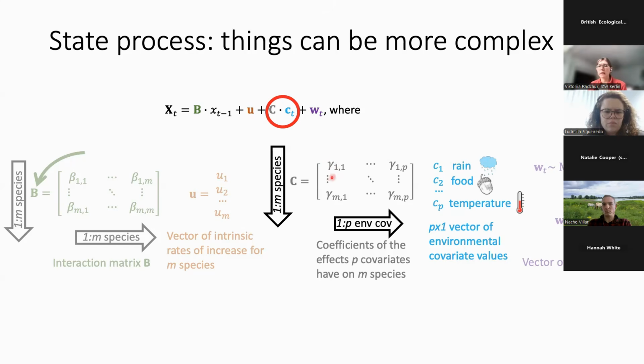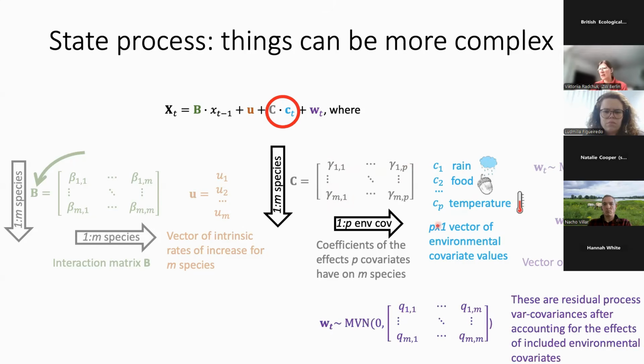And we will have these estimated effects for each species in the rows, 2 to the species M. And then in the columns, we will have all our other effects of other environmental covariates estimated up to the covariate P in the last column. So I hope that makes clear. Then W_t, in this case, describes the residual process variance-covariances after accounting for the effects of environmental covariates that we actually included here in our C_t vector.